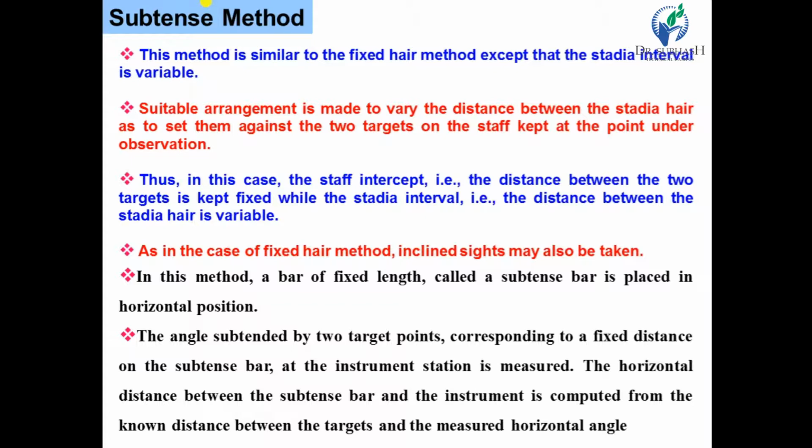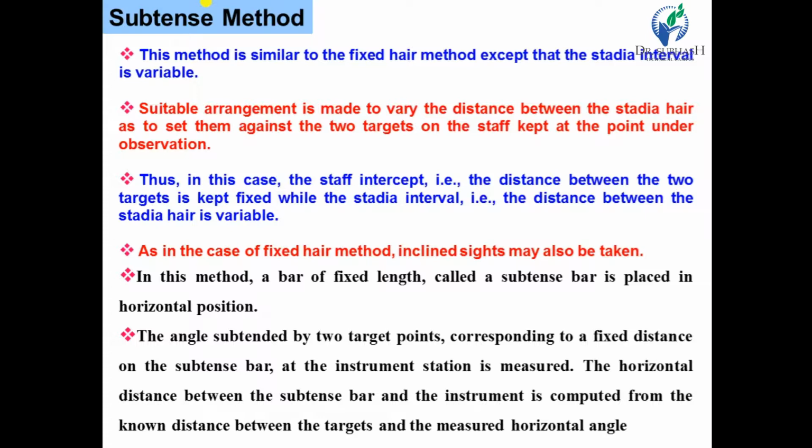Now we are moving to the subtense method. This method is similar to the fixed hair method, except that the stadia interval is variable. A suitable arrangement is made to vary the distance between the stadia hairs so as to set them against the two targets on the staff kept at the point under observation.